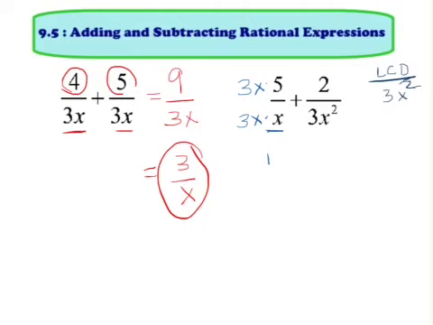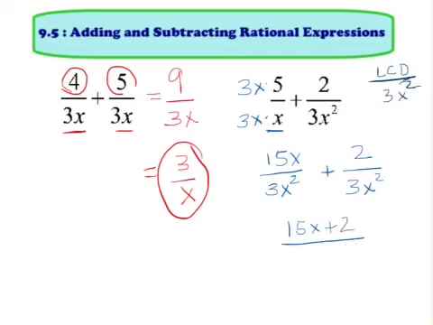This gives me 15x over 3x squared plus 2 over 3x squared. I don't need to do anything to the second fraction because it already has the common denominator of 3x squared. Once I have a common denominator, I'm going to add or subtract the numerators: 15x plus 2, all over 3x squared, my common denominator.